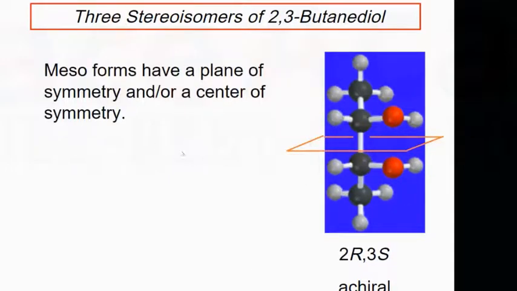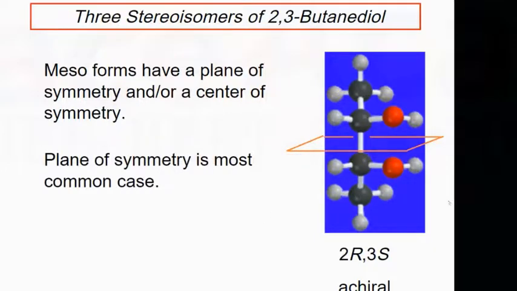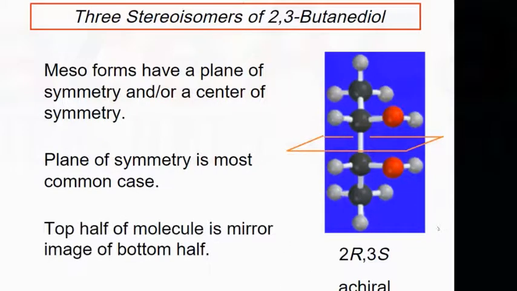So meso forms have a plane of symmetry or a center of symmetry. Plane of symmetry is the almost common case, where the top half of the molecule is the mirror image of the bottom half.